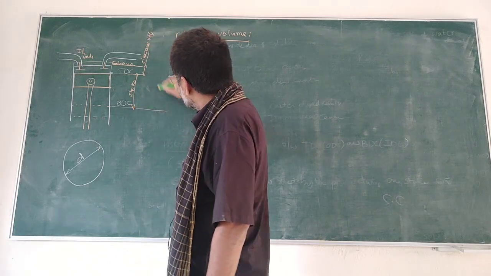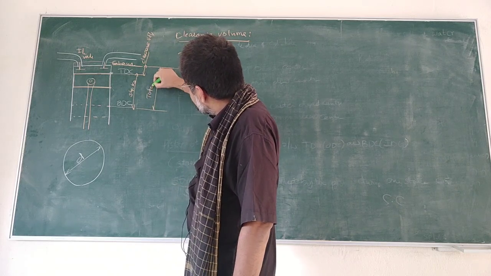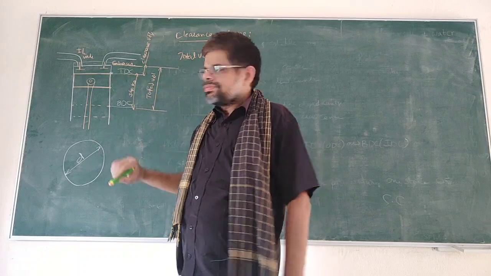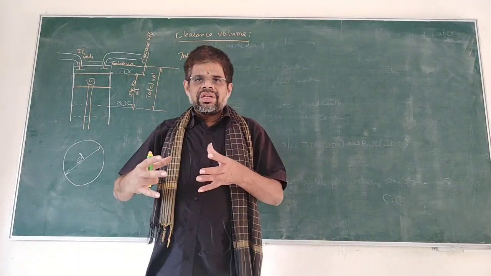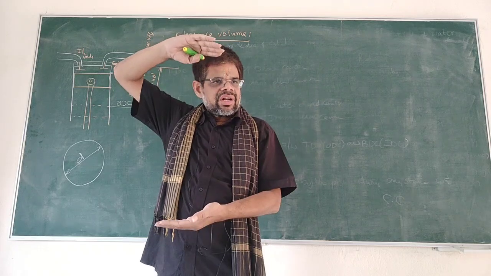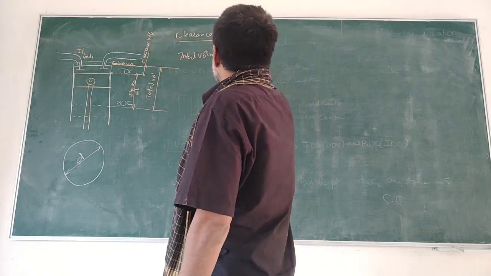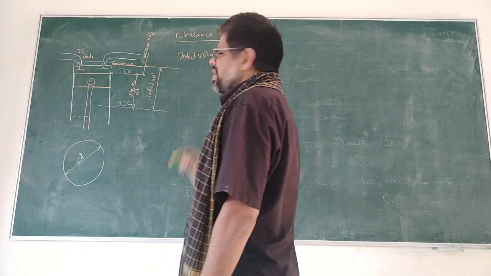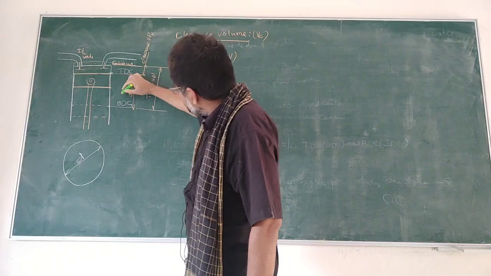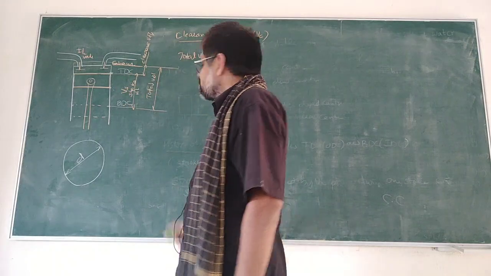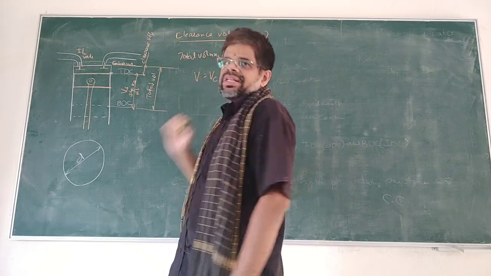It is the sum of both clearance volume and stroke volume. So this is stroke volume and this is clearance volume. The total volume is called total volume. Total volume is represented by V, the clearance volume is represented by Vc, and the stroke volume is represented by Vs. So the total volume V is equal to Vc plus Vs.